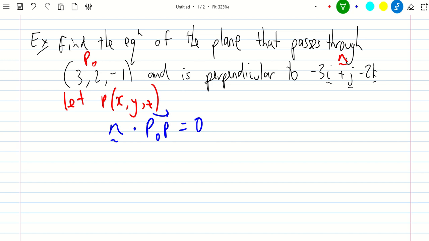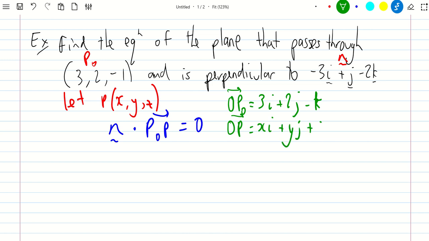So just some aside stuff up here. Our P naught is equal to 3i plus 2j minus k. And my OP vector is equal to xi plus yj plus zk, because that's my position vector of that point.